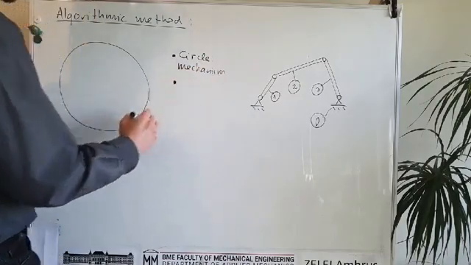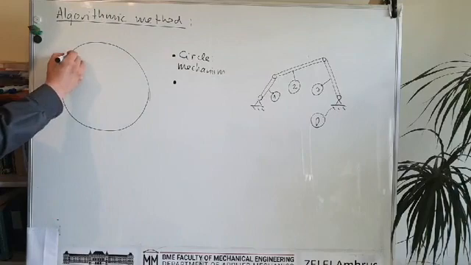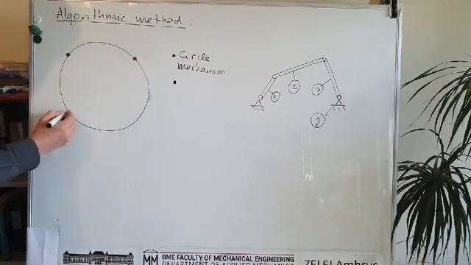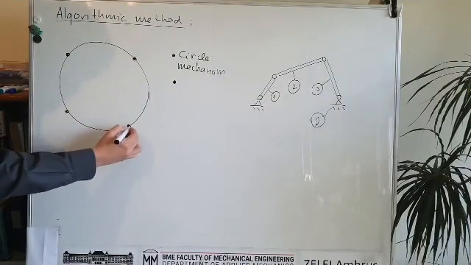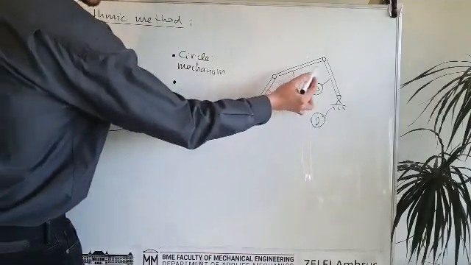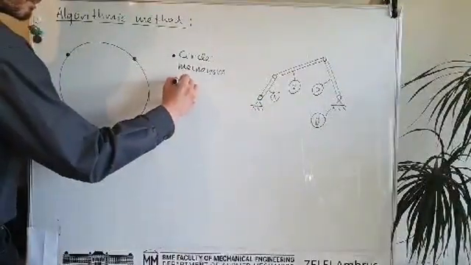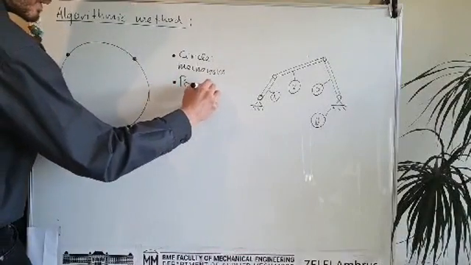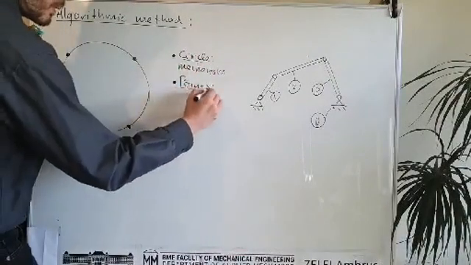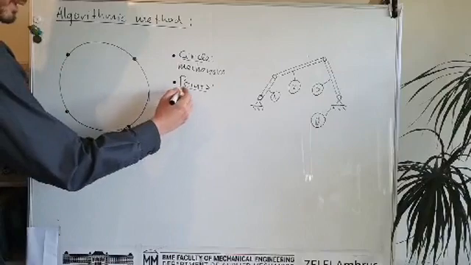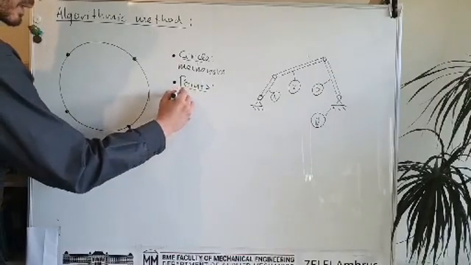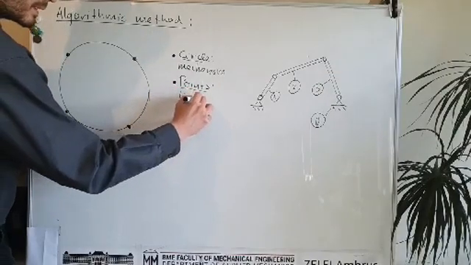And the next thing we do is to draw some points on the circle, and these points will represent each rigid body or each link. So the points represent the links, the rigid bodies.